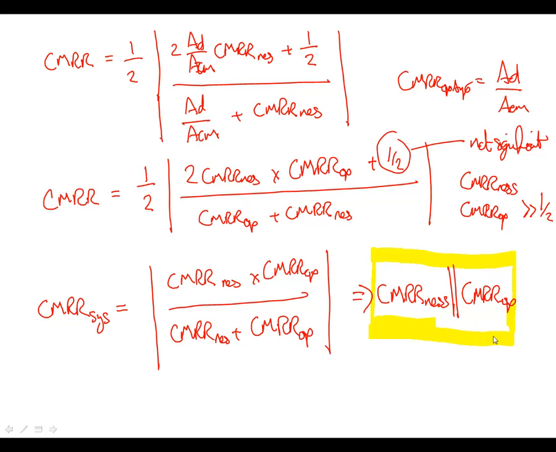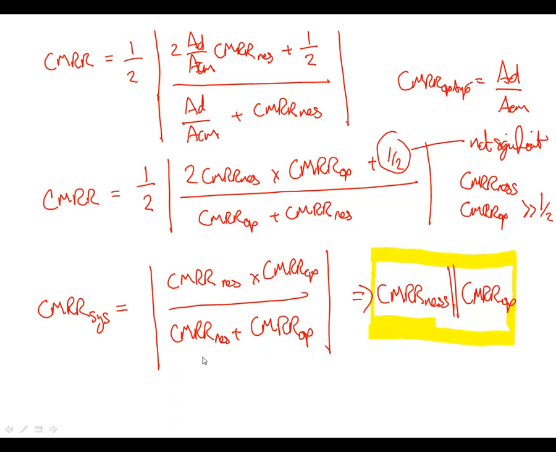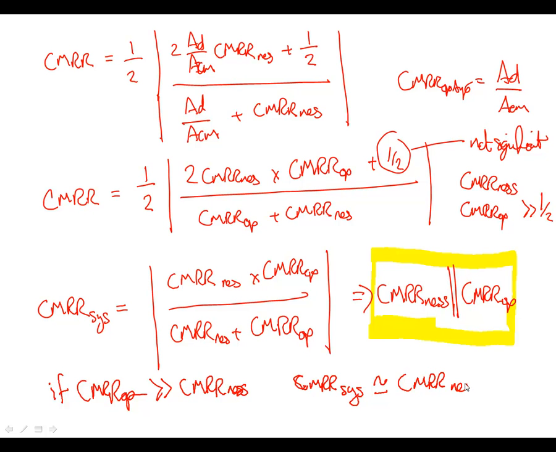In doing so, you can tend towards, and this is sort of like a guideline I would use, but when you use it I would always make sure you do this. I would say if CMRR op-amp is significantly greater than CMRR of resistors, then the CMRR of the system will be approximately the CMRR of the resistors alone.